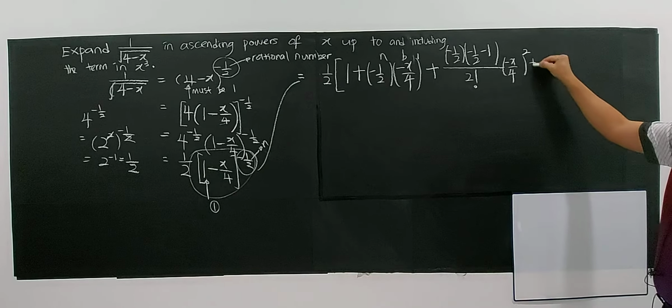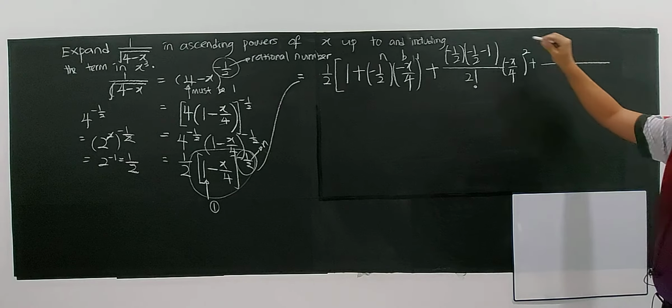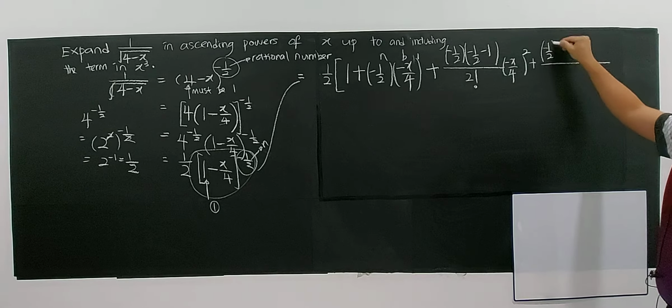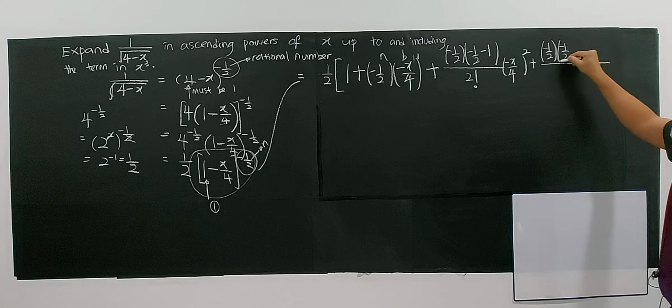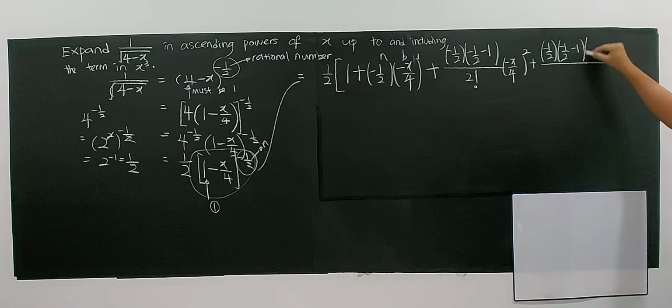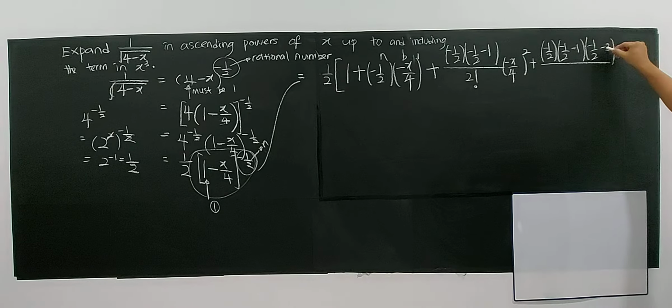To get another term, very easy: you copy back what you have here, negative 1 over 2, negative 1 over 2 minus 1, and negative 1 over 2 minus 2. Just add another bracket, which is minus 1 minus 2.